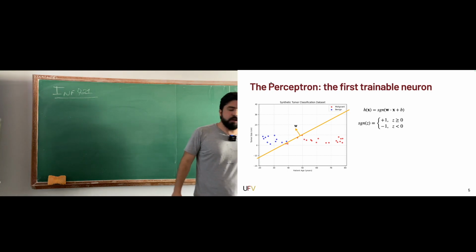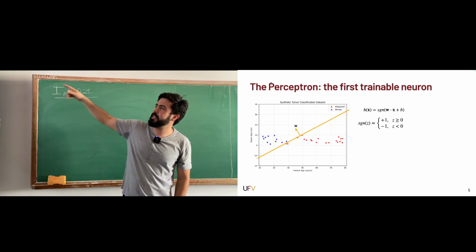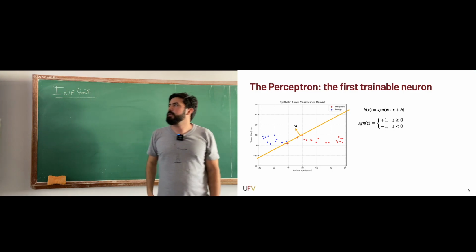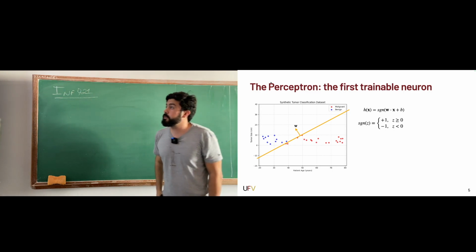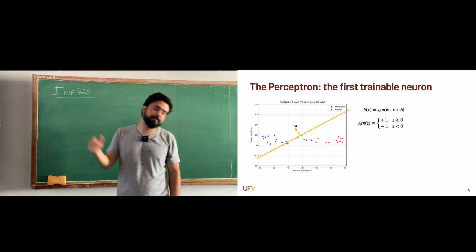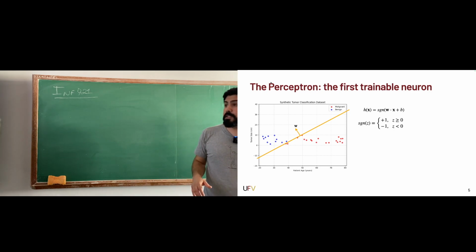So the perceptron is formally defined like this. It's very similar to logistic regression in the sense that it applies a function to a linear combination of the weights and the inputs. But the function we use now is the sign function. I'm not talking about the trigonometric function.